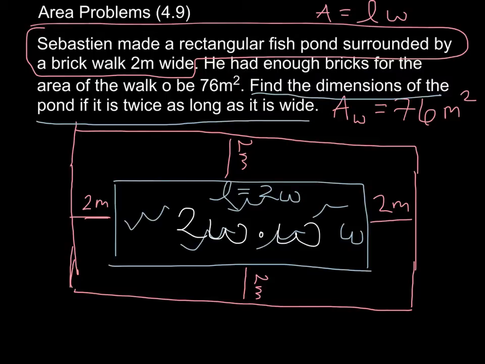So what I'm going to do is see what the dimensions of this entire thing are here. I'm going to take this big rectangle and subtract out this little rectangle, and that'll give me what is left on this border.